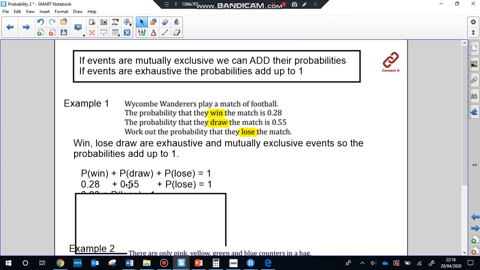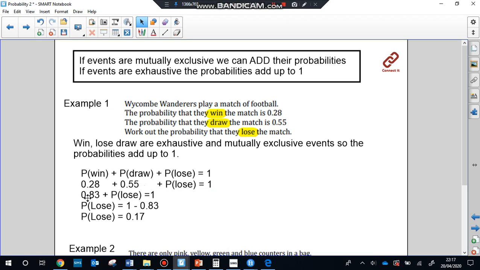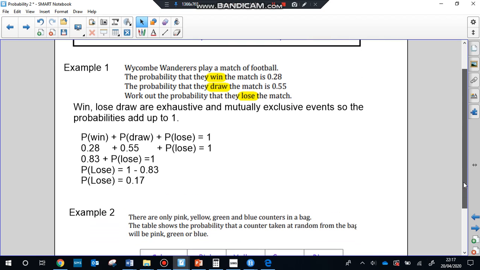If I fill in the probabilities, I've got 0.28 and 0.55. If I add those 2 together, I get 0.83. So the probability of losing is going to be 1 minus 0.83, which is 0.17.